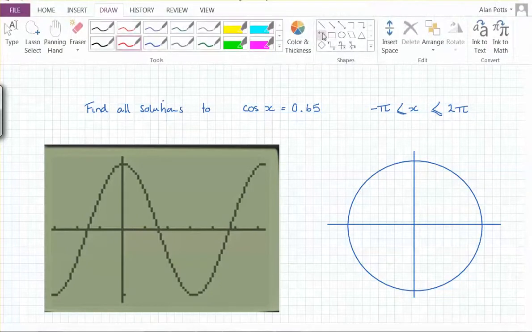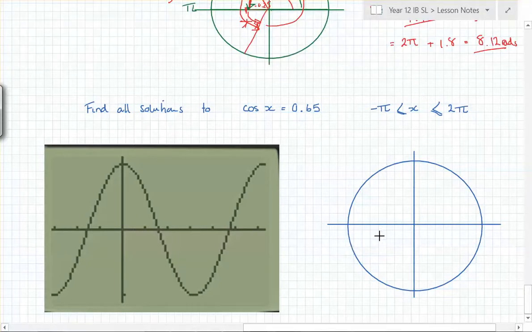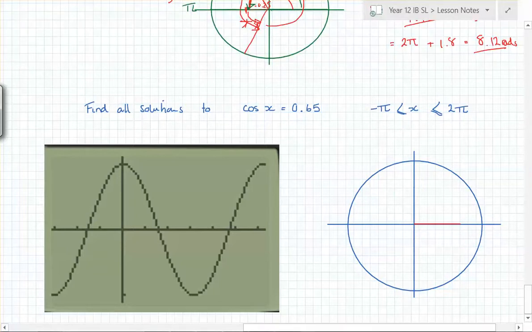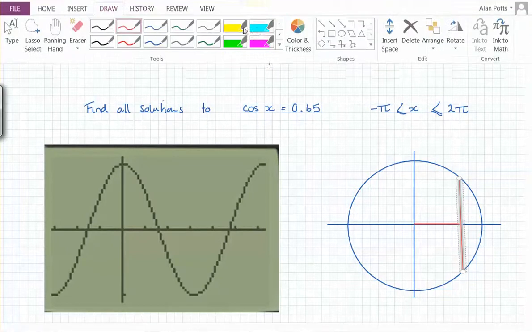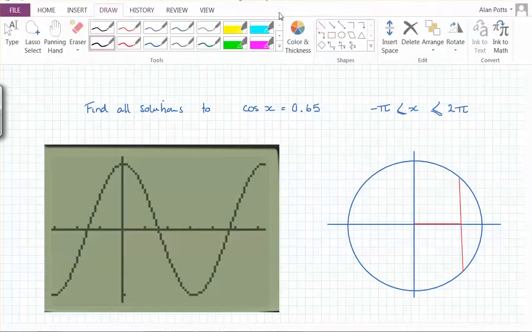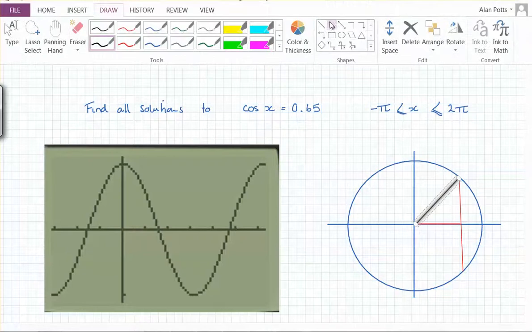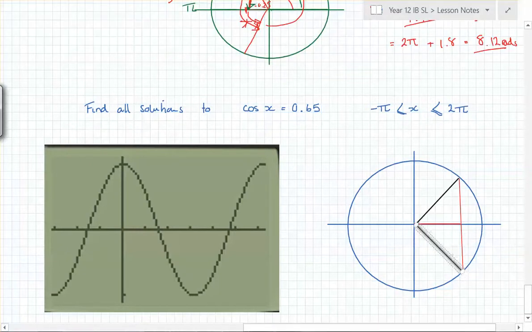Now, cos of x is 0.65. That means which parts of the circle do we need to be in? Well, it's a positive value, so we either have, okay, if I draw the sine in, that's what sine would be, but we're not really interested in sine. What we do need are that and that, because this line here is 0.65, that's the cos line.